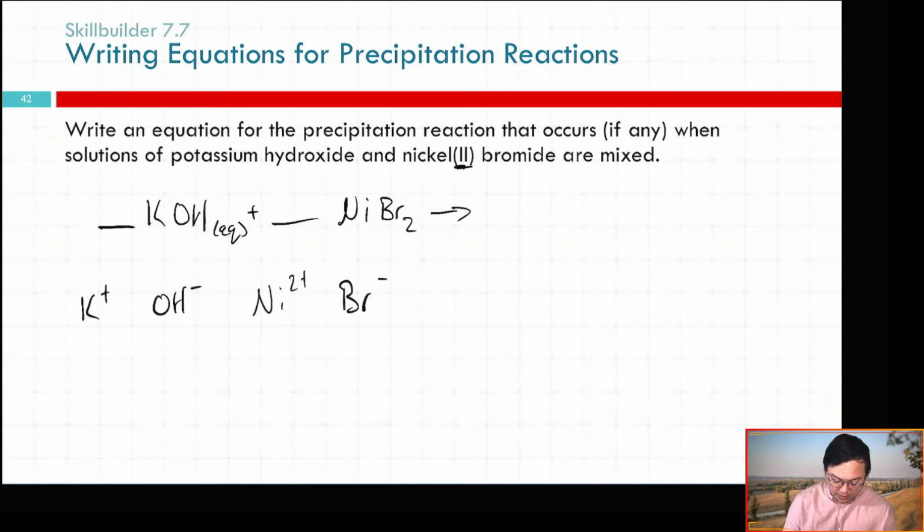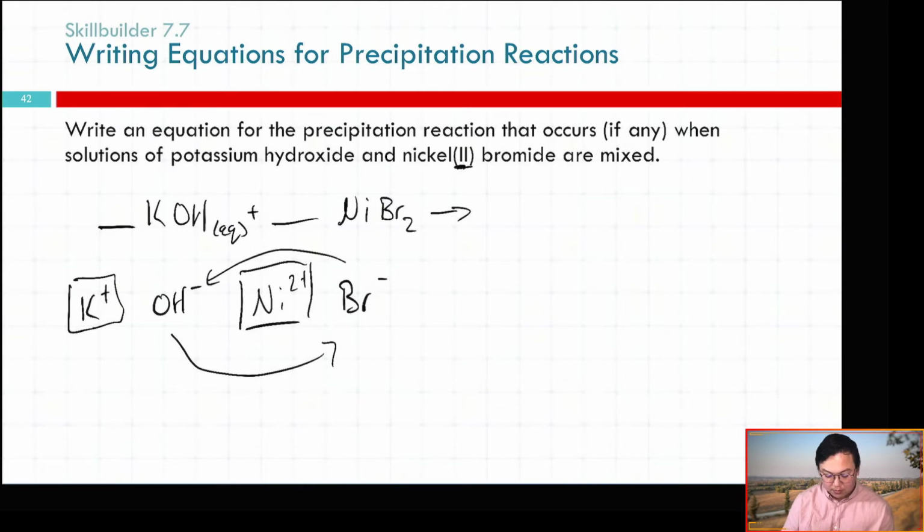Now what we'll do is these will remain fixed, and we will flip-flop these, so that our possible products are potassium bromide and nickel hydroxide. We can just balance the charges real quick.